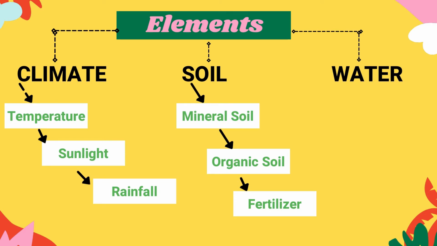Under climate, we have temperature, sunlight, and rainfall. Take note of that. Number 2, we have the soil. Under soil, we have mineral soil, organic soil, and one of the most important factors in soil is the fertilizer, and how fertilizer helps. And of course, we have water. Okay, let's proceed.